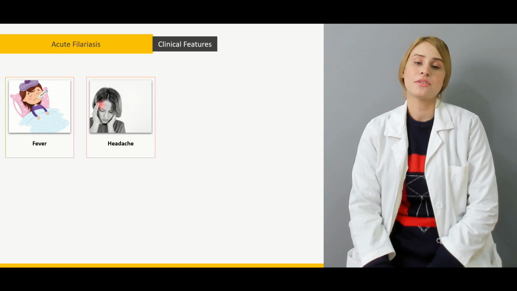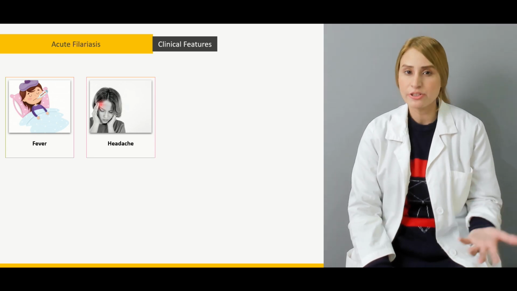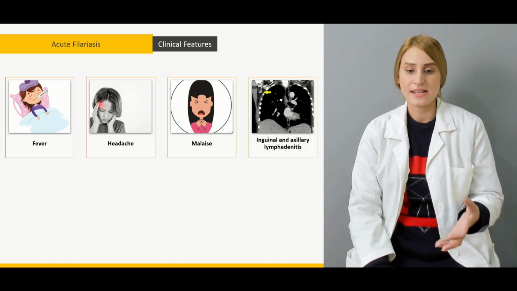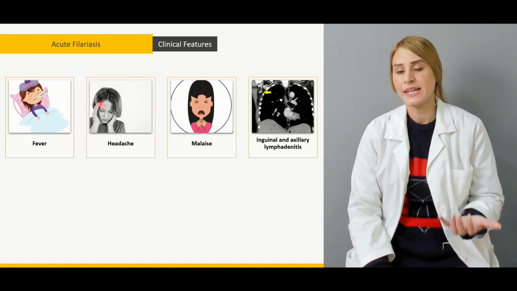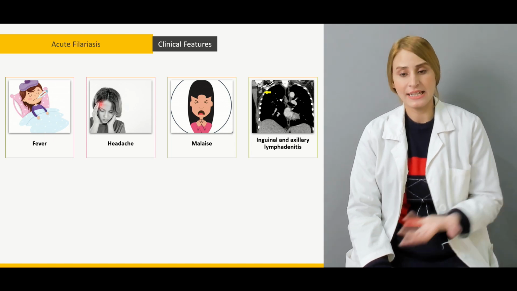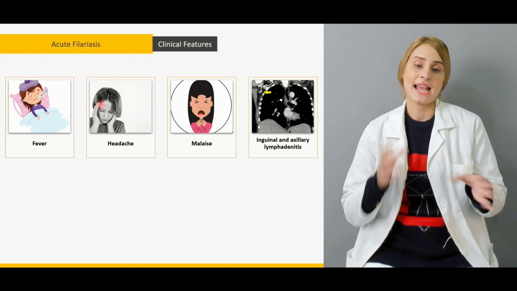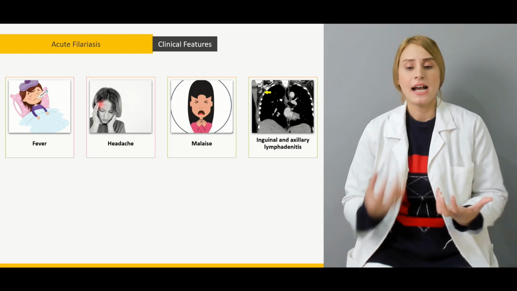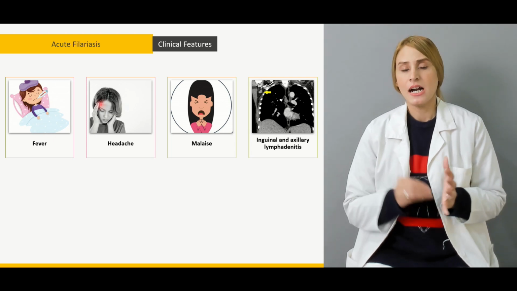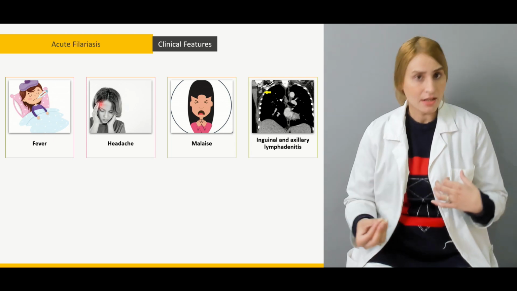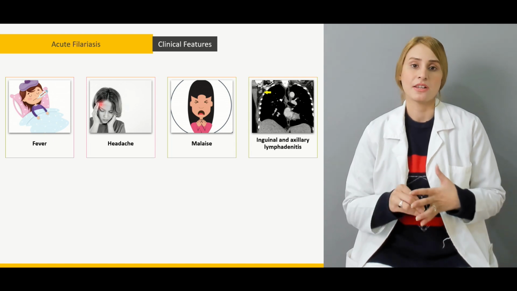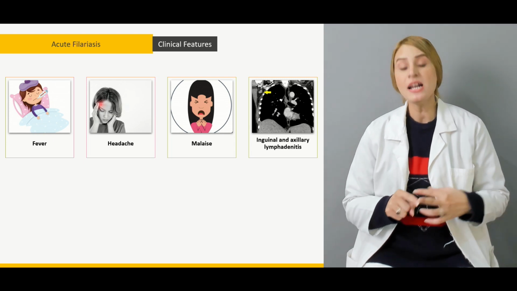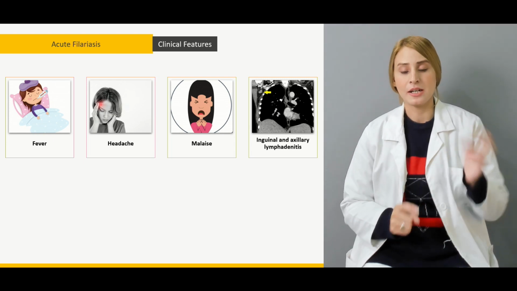In acute filariasis, the patient develops high-grade fever, along with headache and malaise. They feel very lethargic, and there is inguinal and axillary lymphadenitis, because after entering the bloodstream and then the lymphatic channels, there is a macrophage and cytokine mediated immune response, causing either direct damage to the tissues by the organism or an immune mediated response.